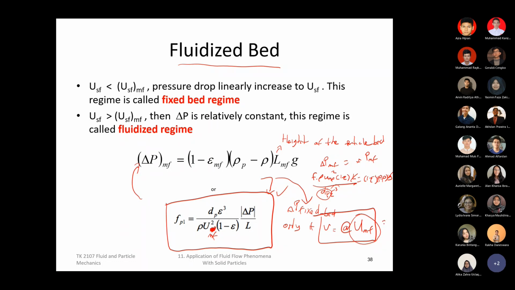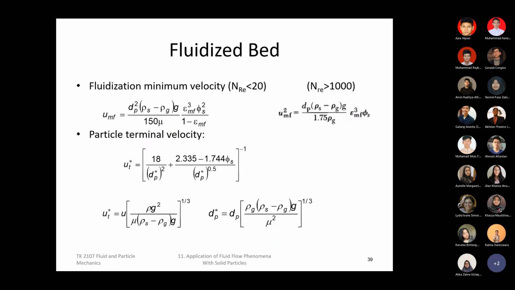So now the question is how can I calculate my UMF? That can be calculated using these two formulas, which are derived from the terminal velocity, if you remember the course last week.